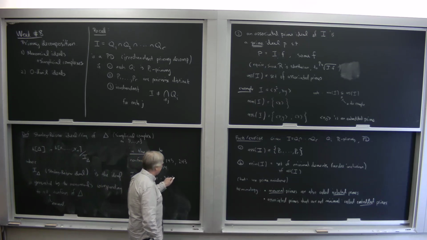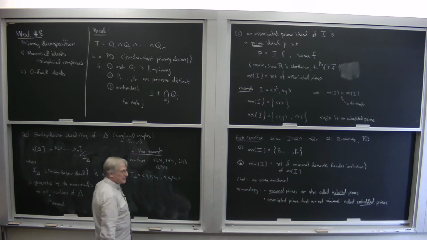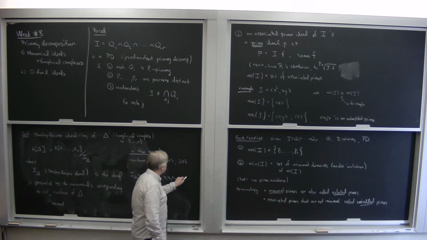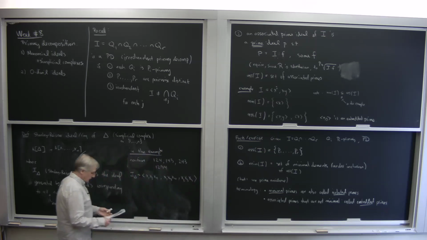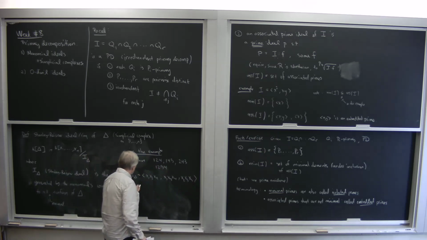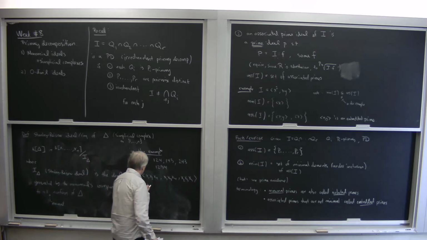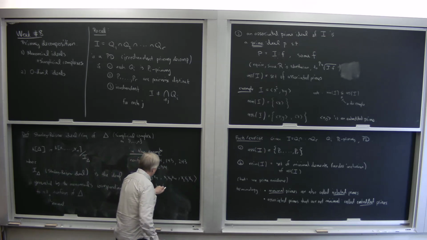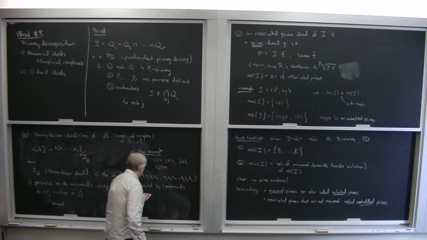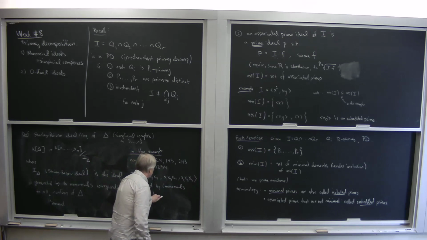If you don't mind, I'm going to do it in order now. x1, x3, x4, and then also x2, x3, and x4. Okay. So this is generated by the monomials corresponding to the minimal non-faces.